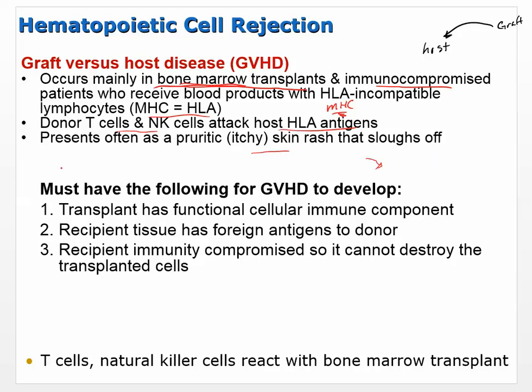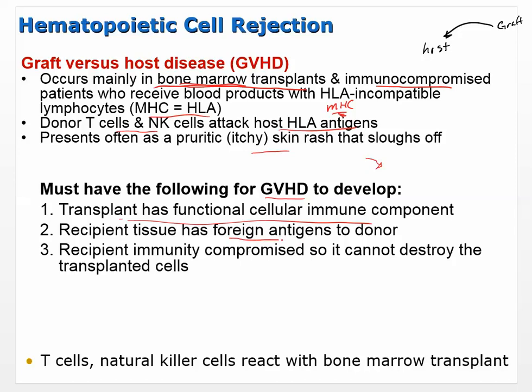Okay, so what do you have to have for graft-versus-host disease, GVHD, to develop? Well, the transplant has to have a functional cellular immune component. So whatever bone marrow you're getting has to be functional in terms of its ability to launch an immune response. The recipient tissue has to have something for it to attack.